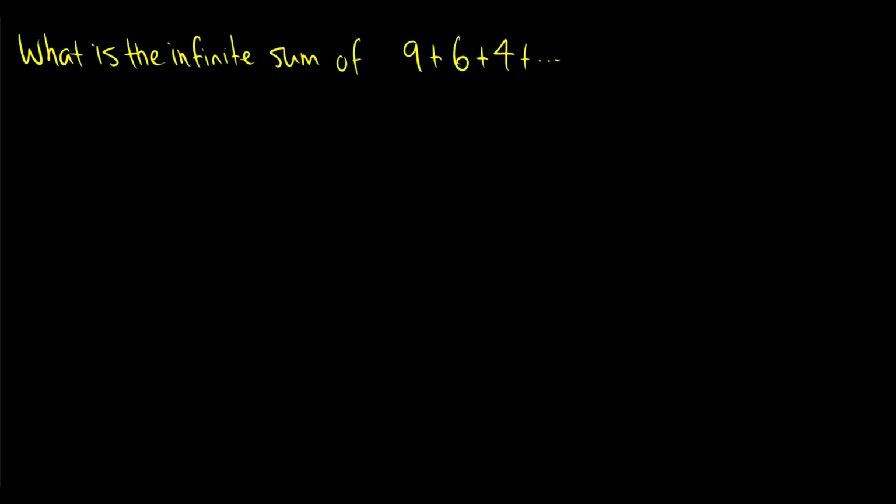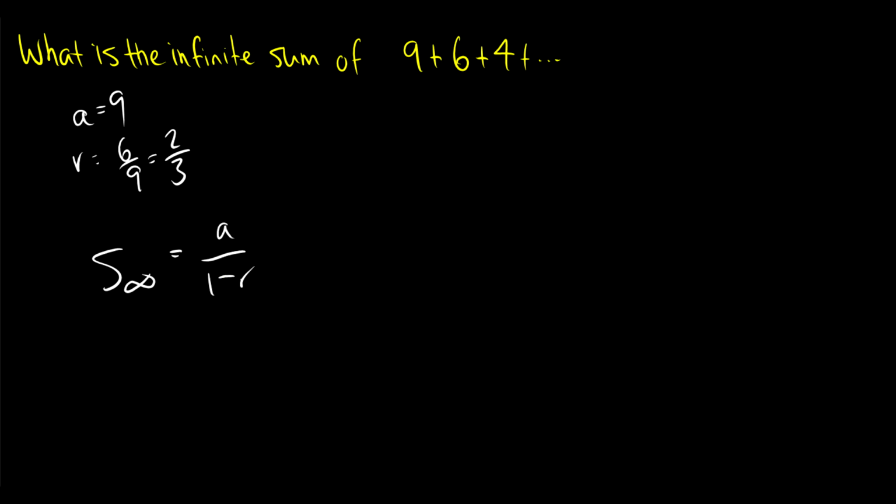So here's another question. What is the infinite sum of 9 plus 6 plus 4, so on and so forth? Well, our a is equal to 9. Our ratio is 6 over 9, which is equal to 2/3. So our infinite sum formula is going to be a over 1 minus r.